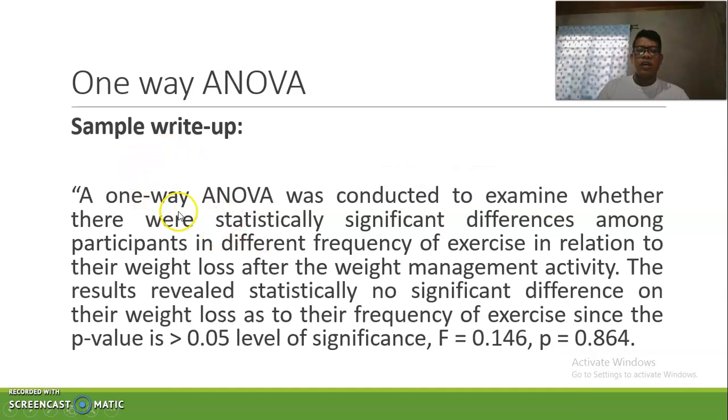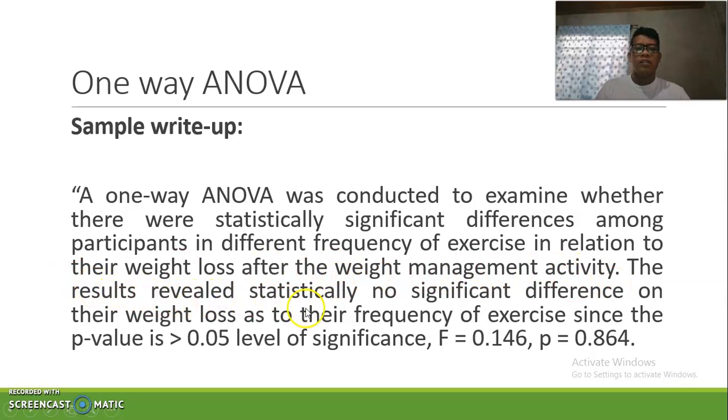This is how we are going to write up our data. This is a sample write-up or report. One-way ANOVA was conducted to examine whether there are statistically significant differences among participants in different frequencies of exercise in relation to their weight loss after the weight management activity.